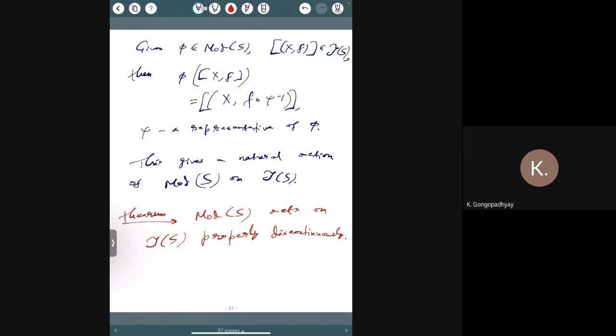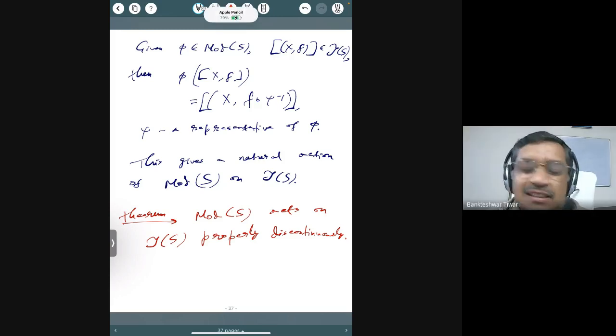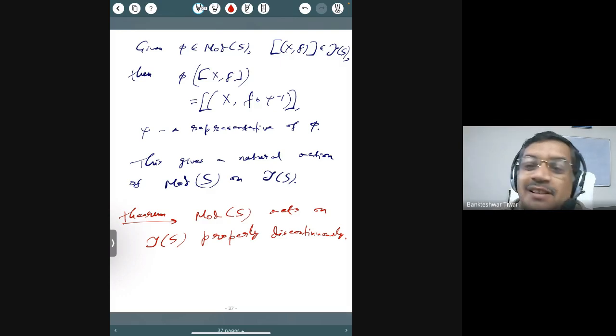So this is a vast amount of material for two lectures; it was a challenging task. Maybe Soumya can give some examples and explain next.